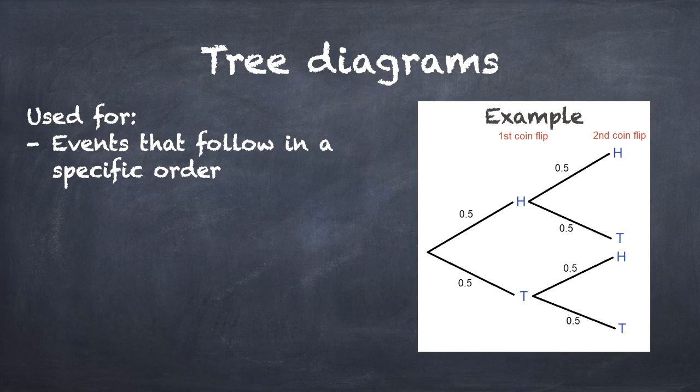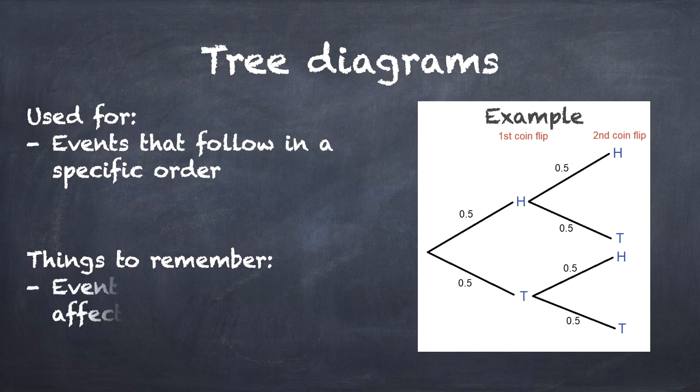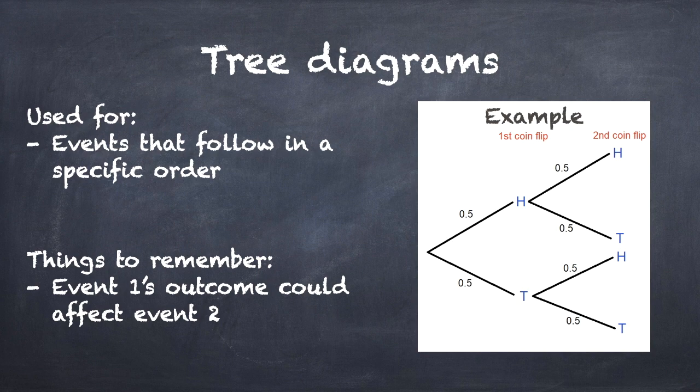What must I remember when I do tree diagrams? First of all, event 1's outcome can definitely affect event 2. Example of that is, let's say you've got a bag with 10 cards in it. I pull out one card, but I don't put that card back.